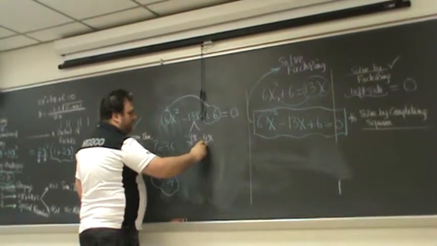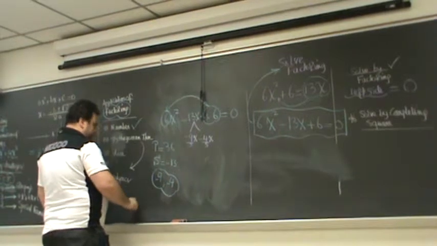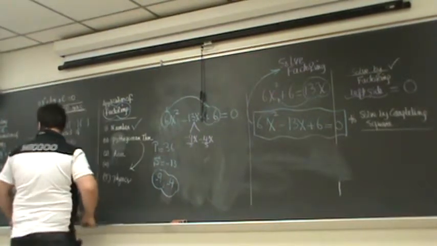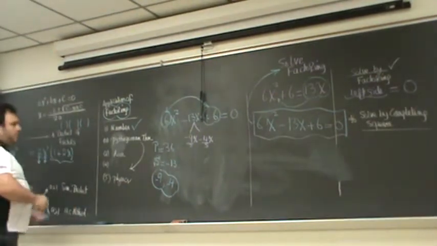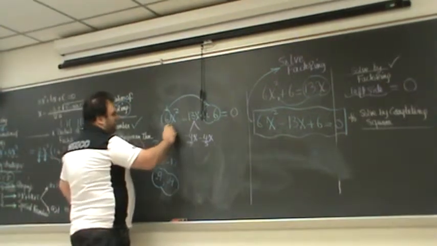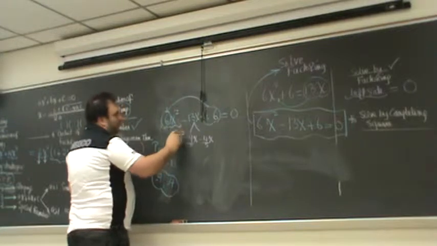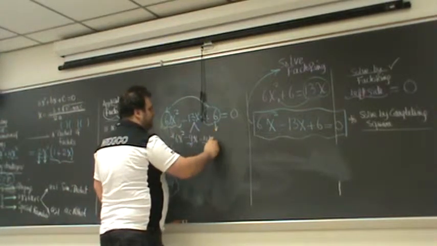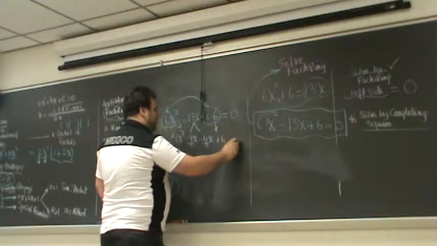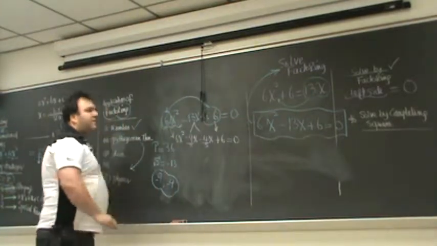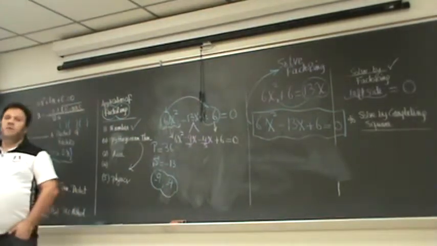And I'm going to bring down my 6x squared, and also positive 6, equal to 0.